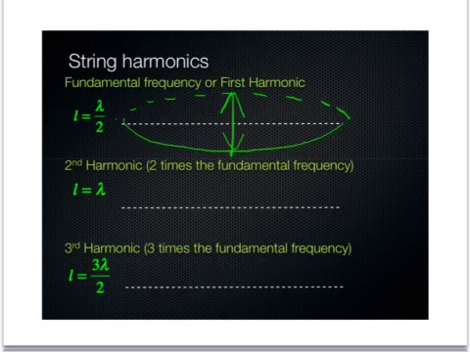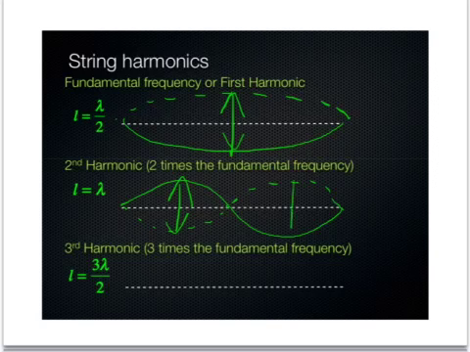The second harmonic is basically twice the frequency of that first one, so we end up getting a shape like this, where we now have two antinodes, and we have a central node in the middle where the string appears not to be moving, and so these two parts essentially vibrate back and forth like so.